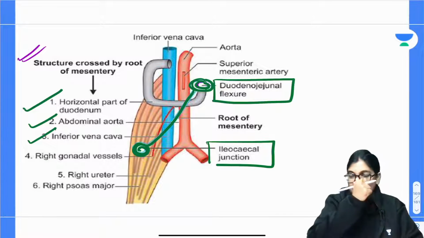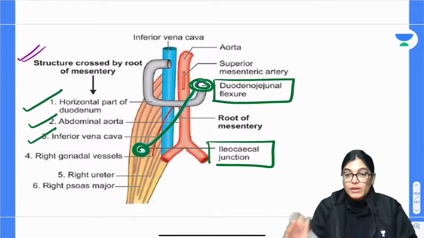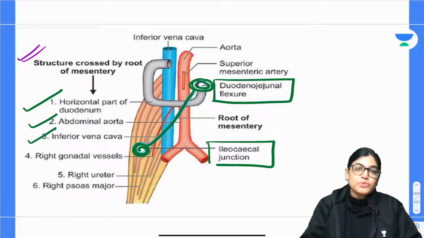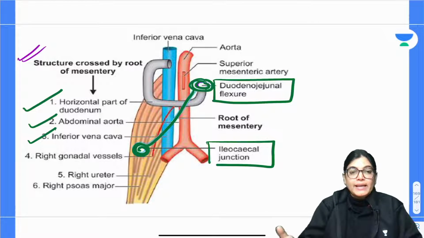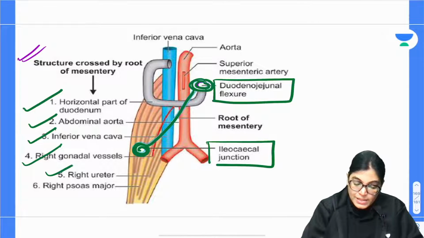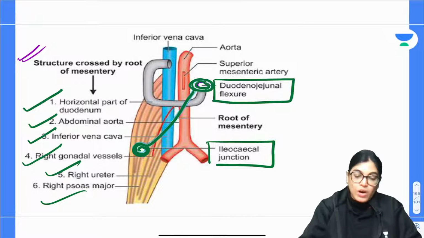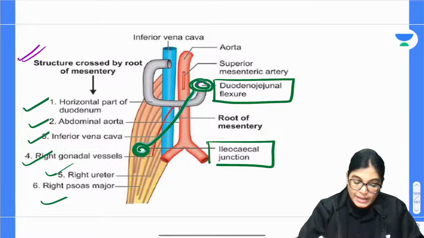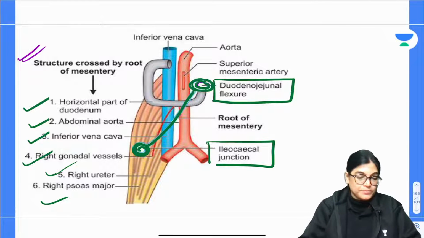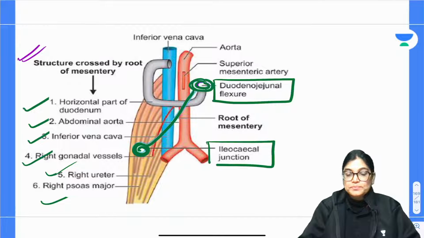I can understand that many times the ascending part of duodenum is not included, so some of you can get confused, but splenic artery is surely not the correct answer. It is not lying at this level. The other structures crossed are the right gonadal vessels, right ureter and right psoas major. So all of you please do revise the structures crossed by the attached border of the mesentery. Got it everyone? Attached border of mesentery.